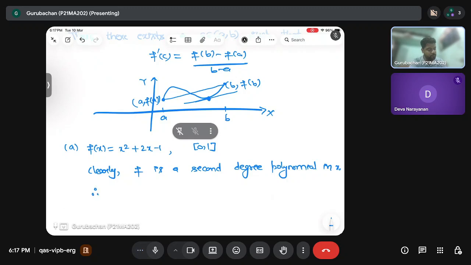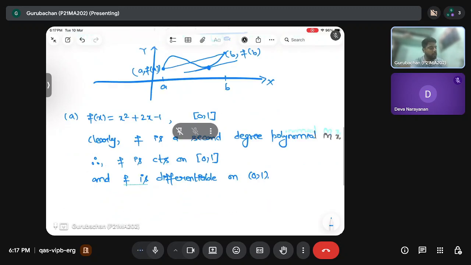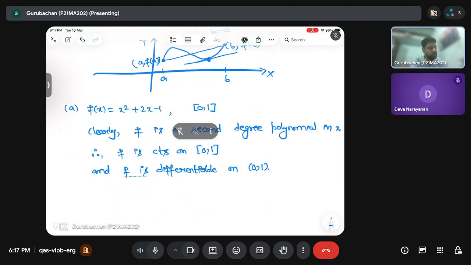Therefore, f is continuous on [0, 1], and f is differentiable on the open interval (0, 1). Thus, all the conditions of the mean value theorem are satisfied.